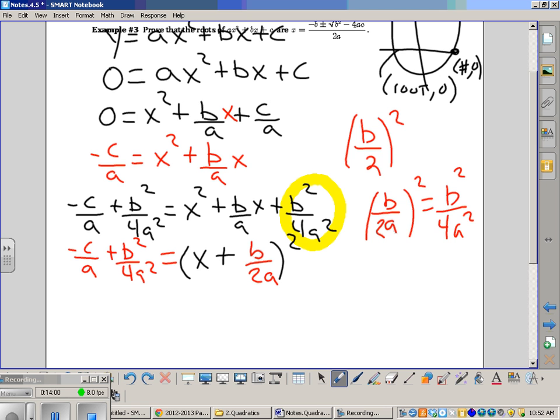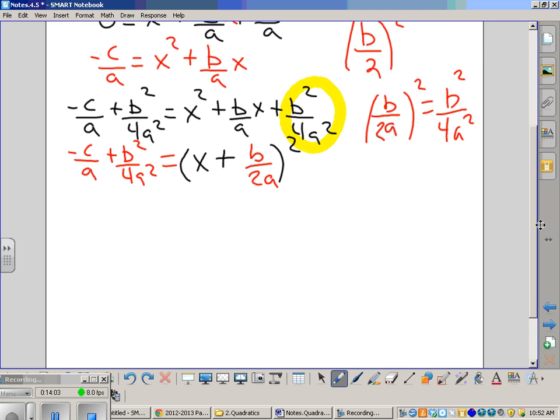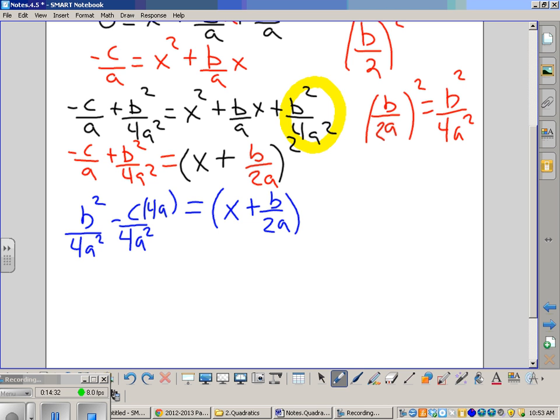Okay, so now you're thinking like, okay, we're stuck. We're trying to get to the quadratic formula, and we can't figure this out. Well, on the left-hand side, we want to get a common denominator. The common denominator on the left-hand side is 4a squared. I'm going to rewrite this. If I was to multiply by 4a, okay, I'm going to verify that's right.